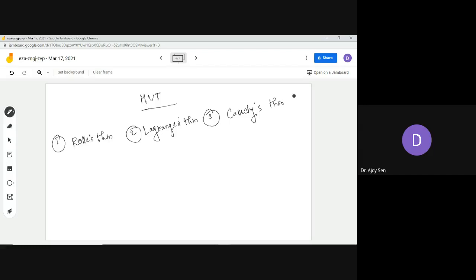So what is meant by mean value? You see, mean means an average. So this theorem gives you an estimate or the average value of some functions at some points, or it gives you some idea about the nature of some functions basically.